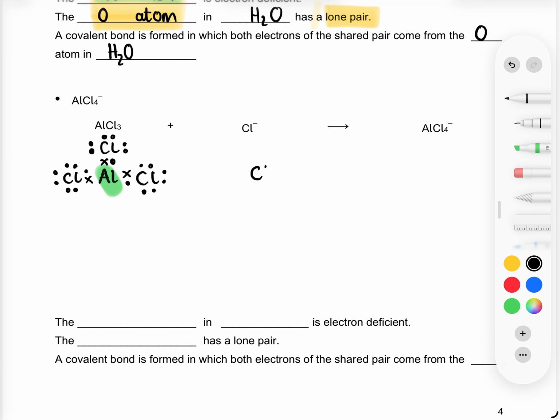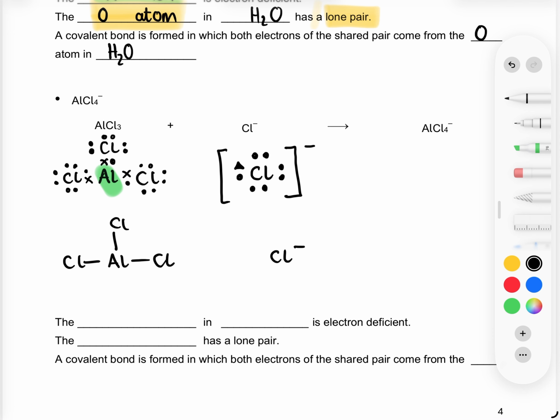Now, a chloride ion is a Cl with 1, 2, 3, 4, 5, 6, 7, and then an 8th electron I'm going to draw as a triangle coming from another atom. Maybe it came from NaCl. That may be where we got our chloride ion from. And that's a 1 minus ion. So in terms of a stick diagram, we've got an Al with 3 chlorines on it and an empty space, and then we've got a Cl minus ion.